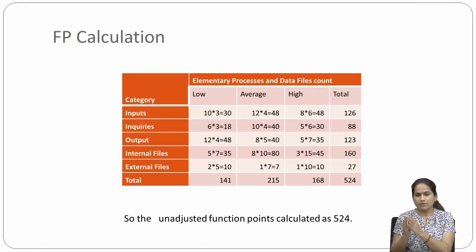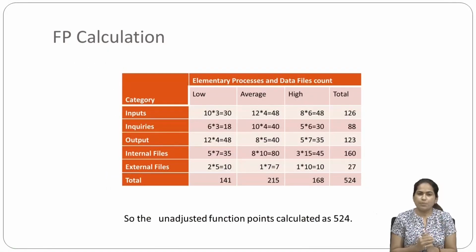We have multiplied the data files with the weighted complexities, and finally we get the total. At the end the answer we get is 524, that is the unadjusted function point which we have calculated for this given data. So you can calculate it according to your data.